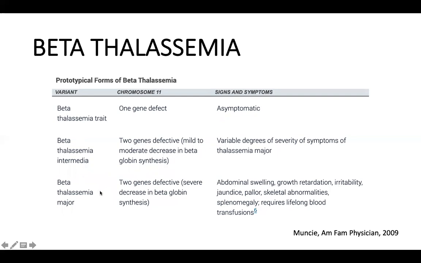Beta thalassemia major, there's 2 gene defects. There's a severe decrease in beta globin synthesis, and these individuals have a lifelong requirement for blood transfusions.